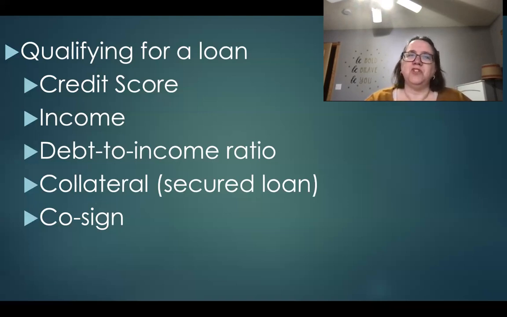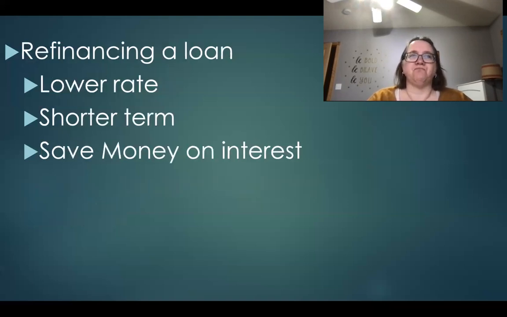So a lot of times that might be a parent, that might be some other adult that they find responsible, that might be a spouse. So if they say you need a co-signer, that means you have to find someone who's going to step up and say, yep, if this person doesn't pay for the loan, I will pay for the loan.